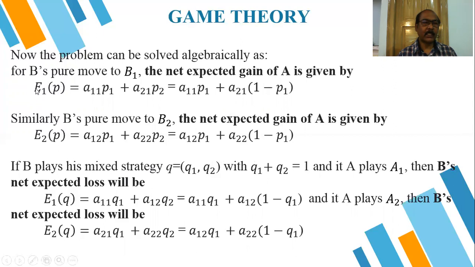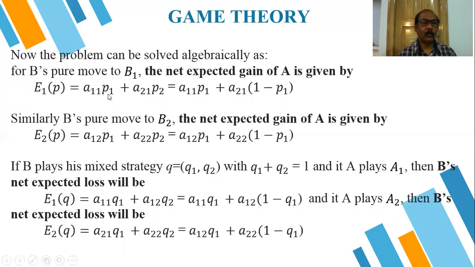Now the expectation E1 of P, we write as: player B selects the course of action B1. The net expected gain for the player A should be E1. We already learned this in the payoff function.